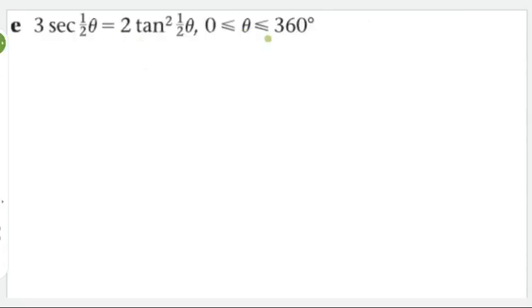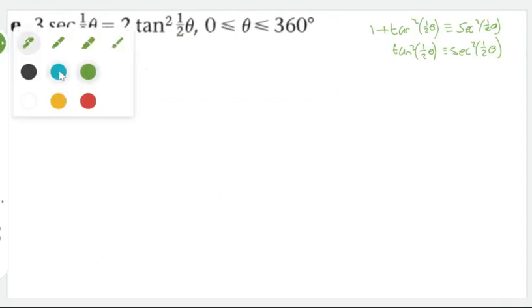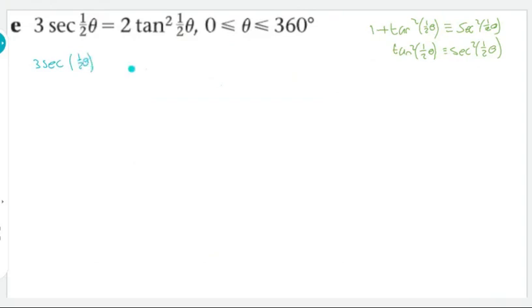So, using the identity 1 plus tan squared of a half theta is identical to sec squared of a half theta, we can rearrange this to say that tan squared of a half theta is identical to sec squared of a half theta minus 1. So we can write this as 3 sec a half theta equals 2, open bracket, sec squared a half theta minus 1.